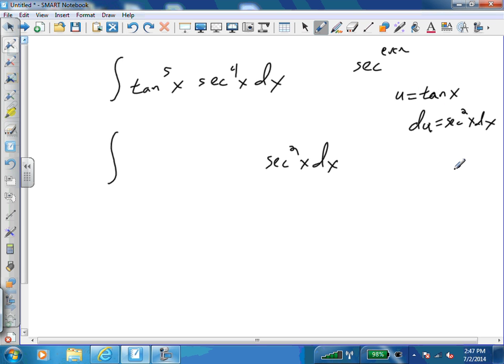So if we have an even number of secants, we can pull a secant squared out, so u would be tangent, thus making du secant squared. So we've got tangent to the fifth. If I borrow 2 secants, then I have 2 more here.